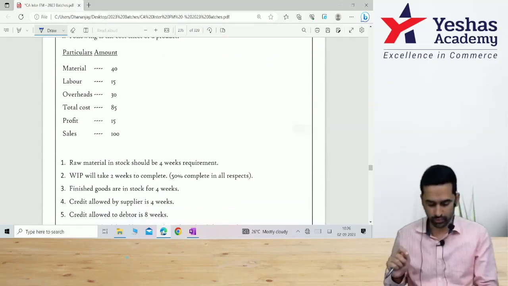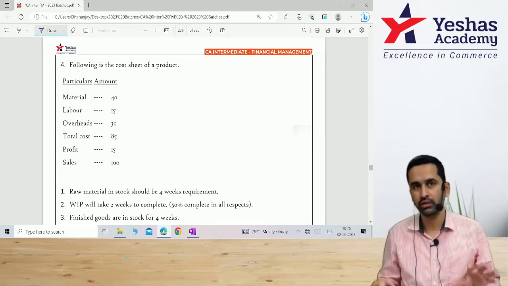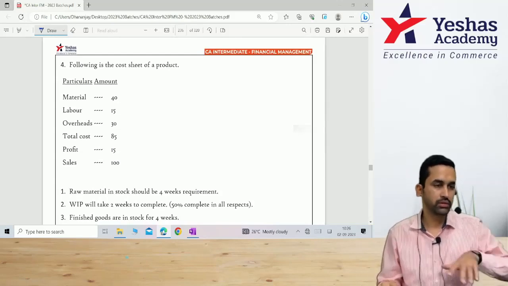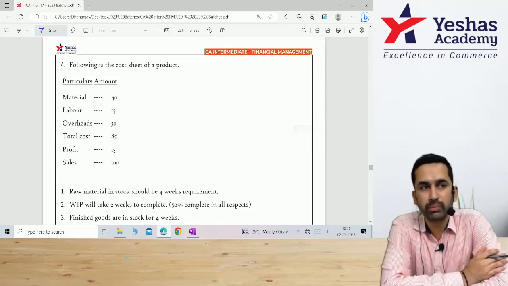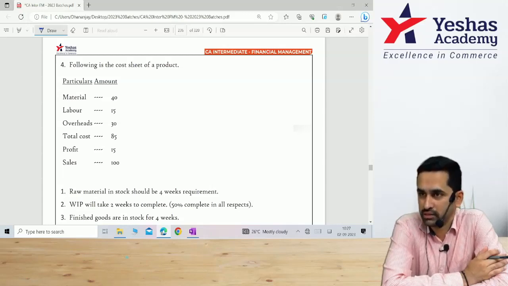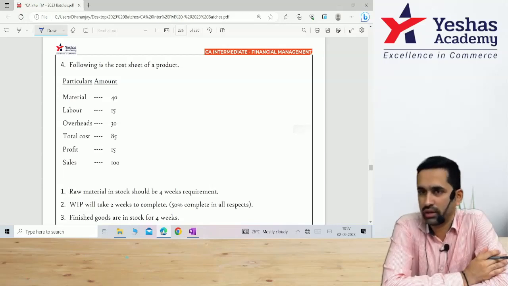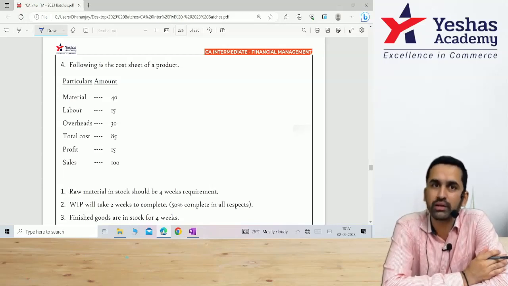Question number 4. This single sum may take a lot of time. We may spend almost 30 minutes. The sum is easy, but it's important to understand and do it and not just copy.